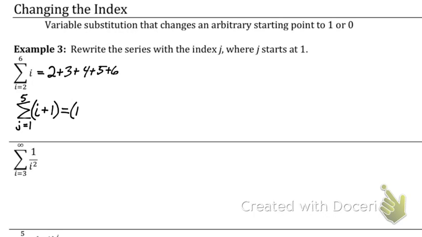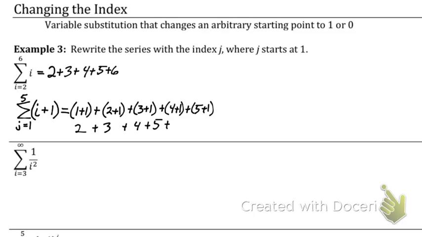Well, that means we're going to have 1 plus 1, plus 2 plus 1, plus 3 plus 1, plus 4 plus 1, and finally plus 5 plus 1, which is going to give me that 2 plus 3 plus 4 plus 5 plus 6 that we had above there. So what I put in my notes here, how exactly did I word it?